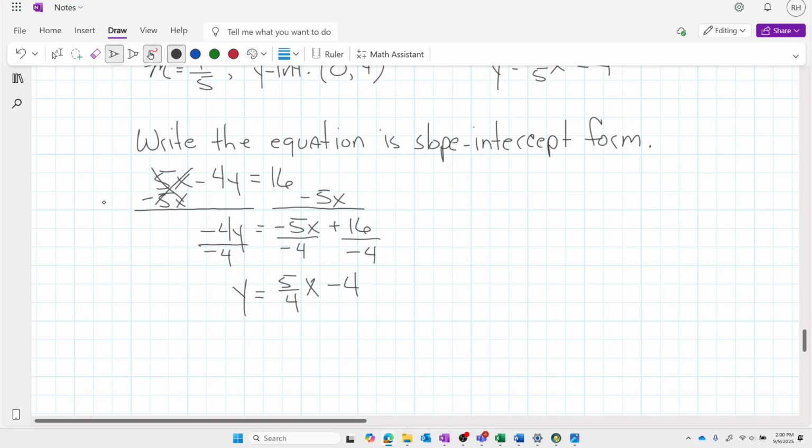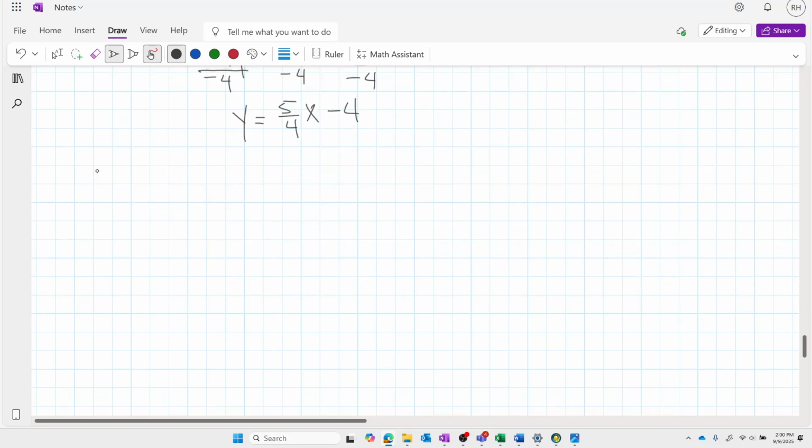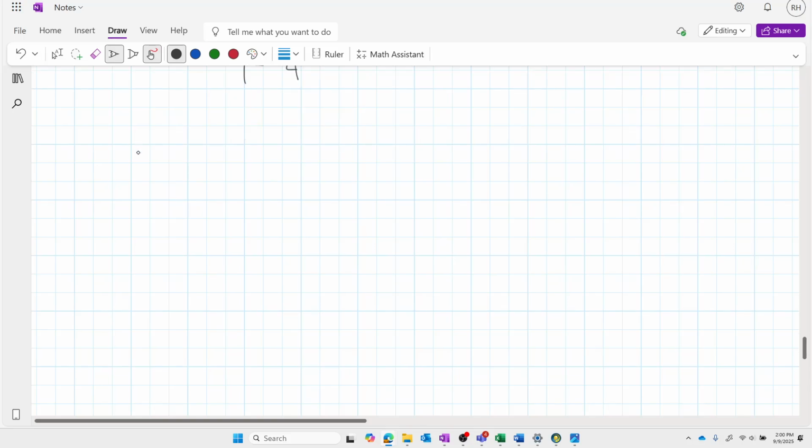And let's do one more of those. We've got negative 3/4 x plus 1/2 y equal to negative 1. So again, we're going to solve for y.